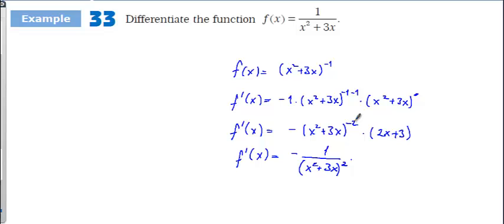This negative power goes to the denominator, and it will be like this, times (2x plus 3). When you multiply an integer by a rational number, we multiply only the numerator, so the answer is f derivative x equal to minus (2x plus 3) over (x squared plus 3x) to the power of 2. It must be.